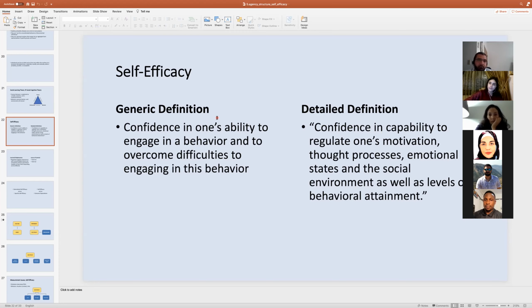And in addition to this dynamic interaction between the person, the behavior, and the environment, the second important construct that comes out of the social cognitive theory is self-efficacy. One of the people who developed the social cognitive theory and did a lot of research on it is Albert Bandura at Stanford University.